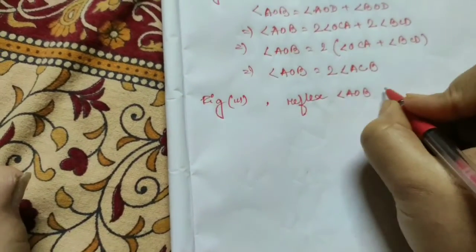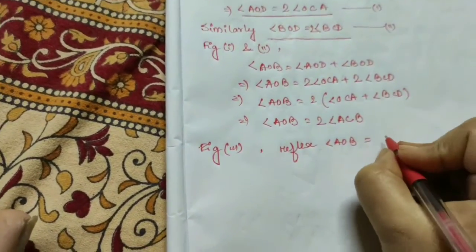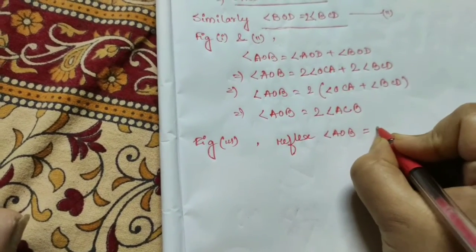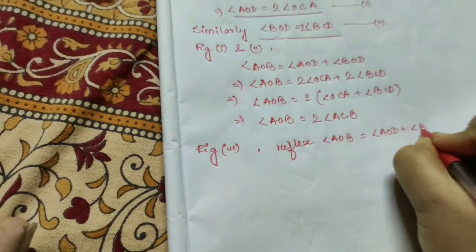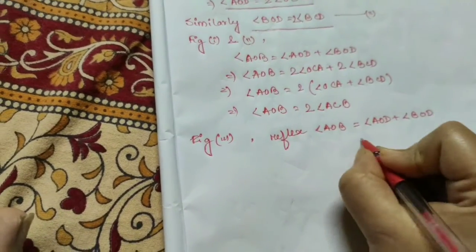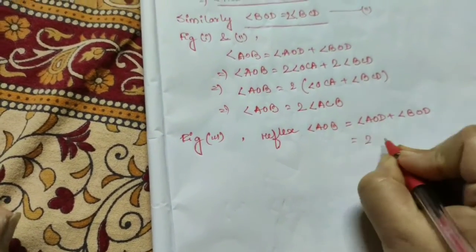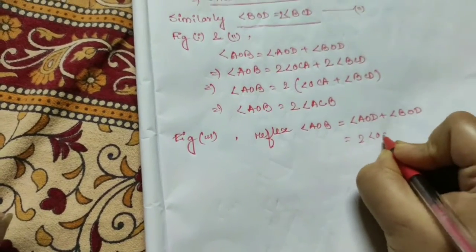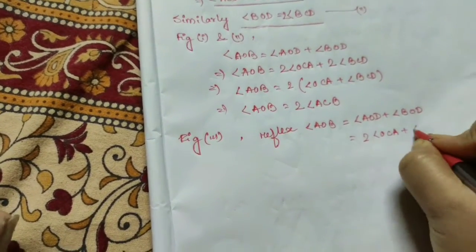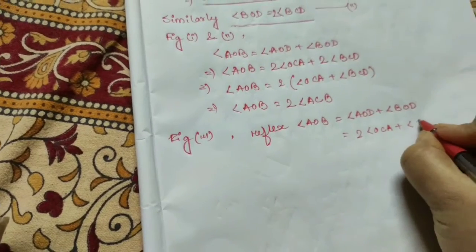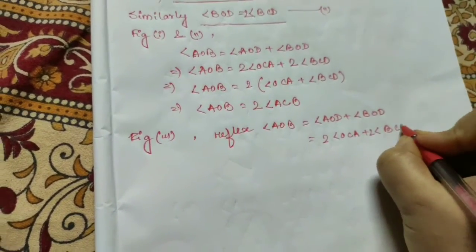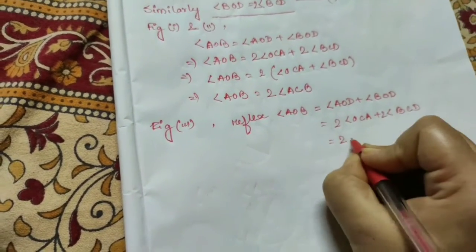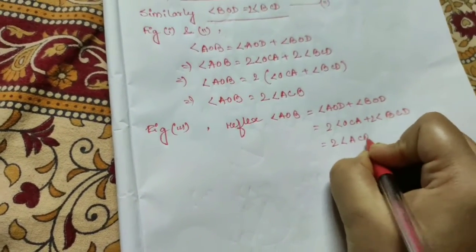Therefore, reflex of angle AOB is equal to angle AOD plus angle BOD. That is equal to twice of angle OCA plus twice of angle BCD. That is equal to twice of angle ACB.